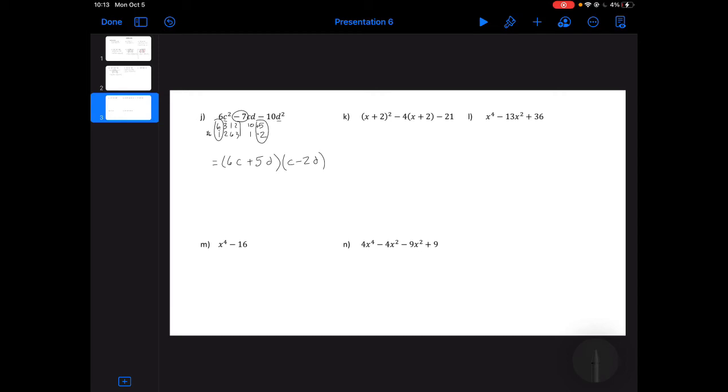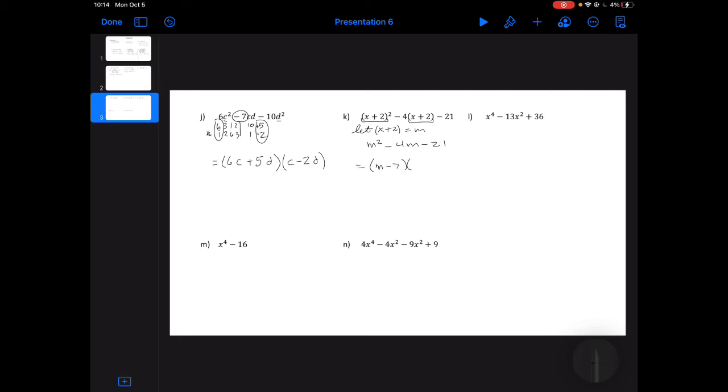This next example is kind of neat. I've got x plus 2 squared and then x plus 2 here. If I let x plus 2 equal m, I can rewrite my expression as m squared minus 4m minus 21. Now it's easy to recognize as a simple trinomial, where I'm looking for two numbers that are going to multiply to 21 and add to -4.